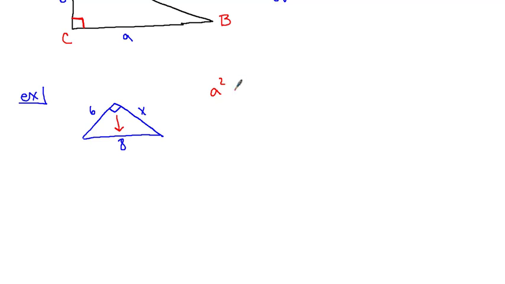So when we start out with our a squared plus b squared equals c squared, we know that the c is 8. The a and the b do not matter. You can pick either letter, either number, doesn't matter. So we'll say that a is 6. So 6 squared plus x squared equals 8 squared. And then we just solve this like any regular algebra equation.